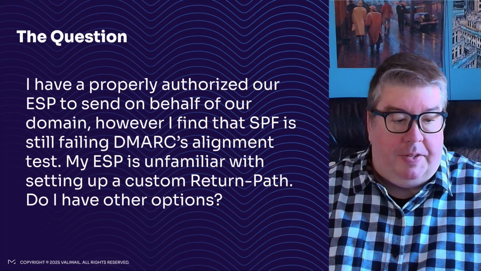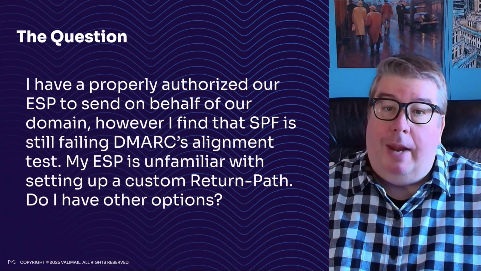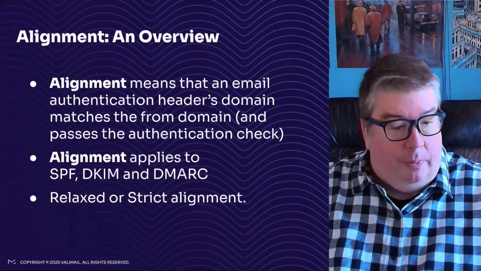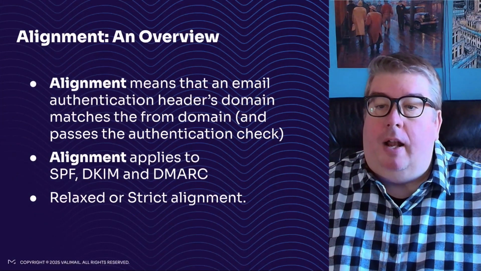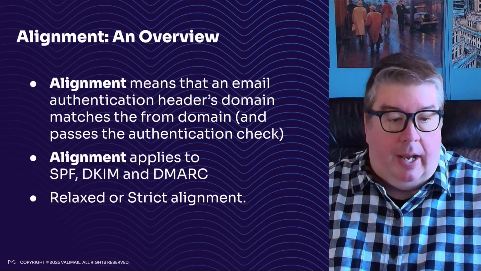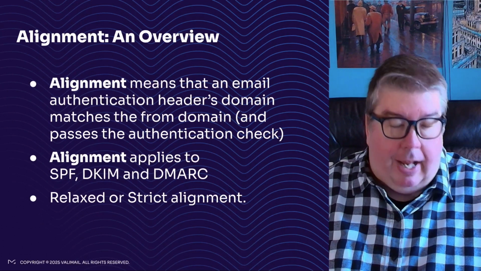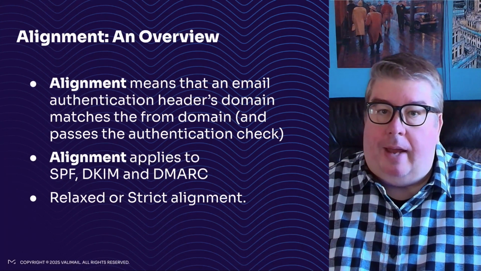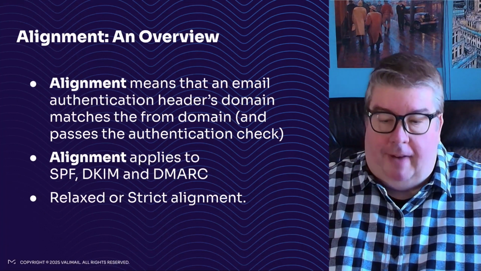So to better understand what to do about alignment issues, and when a lack of alignment does not mean failure, let's start with an overview, a quick understanding of what alignment actually means. In a nutshell, alignment refers to the domain in an email authentication header matching the visible from domain, whether that be the SPF (Sender Policy Framework) or DKIM (DomainKeys Identified Mail).